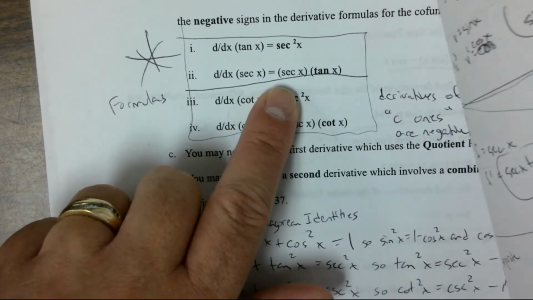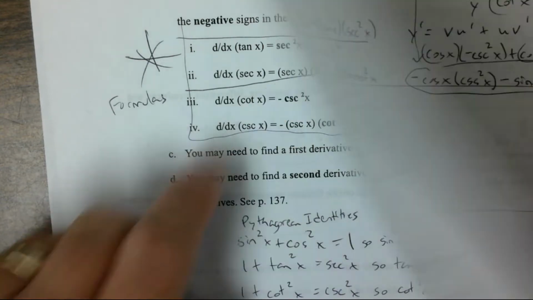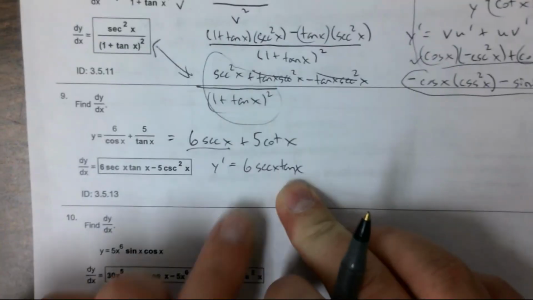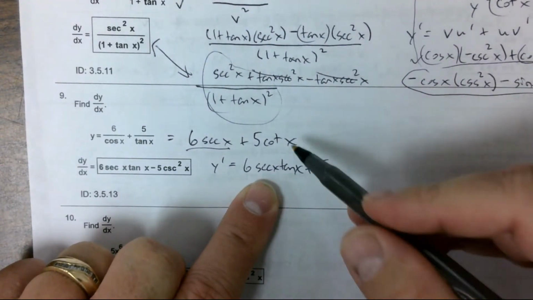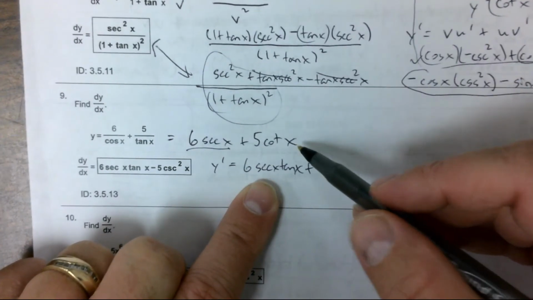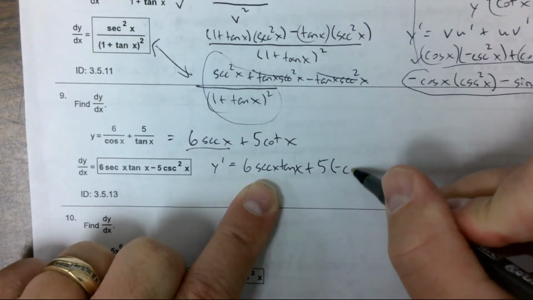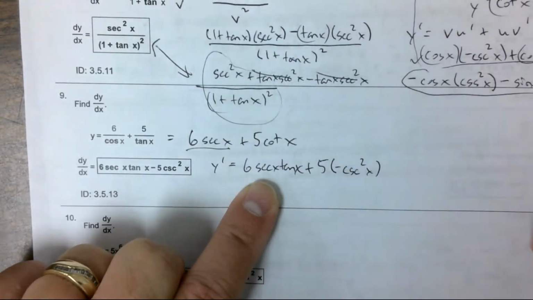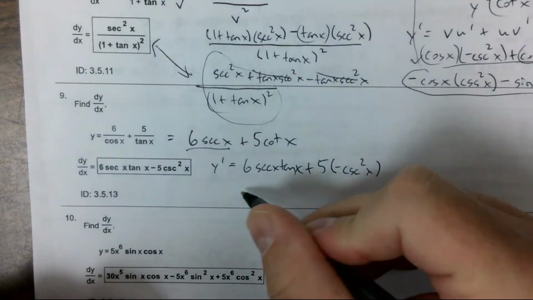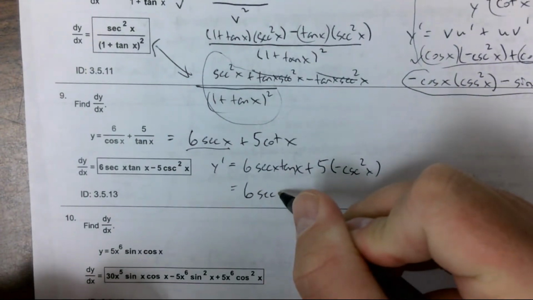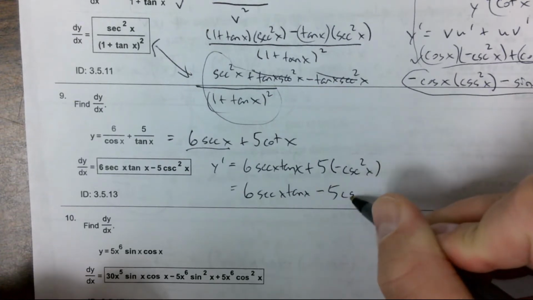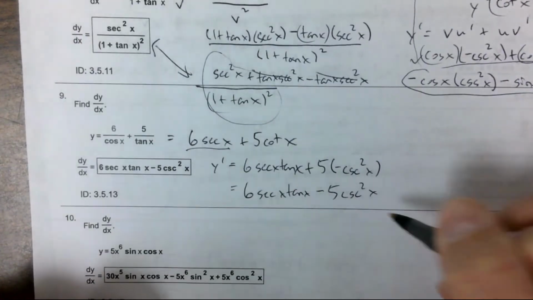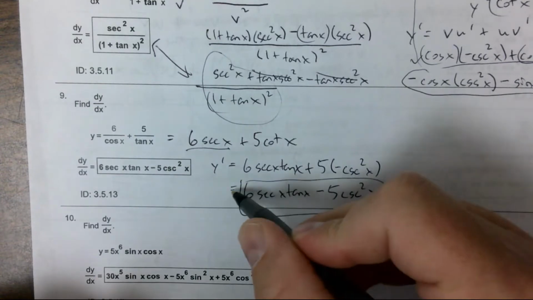The derivative of secant is secant tangent, and then the derivative of cotangent is negative cosecant squared. And so you can rewrite that to be 6 secant x tan x minus 5 cosecant squared x. And that's our answer.